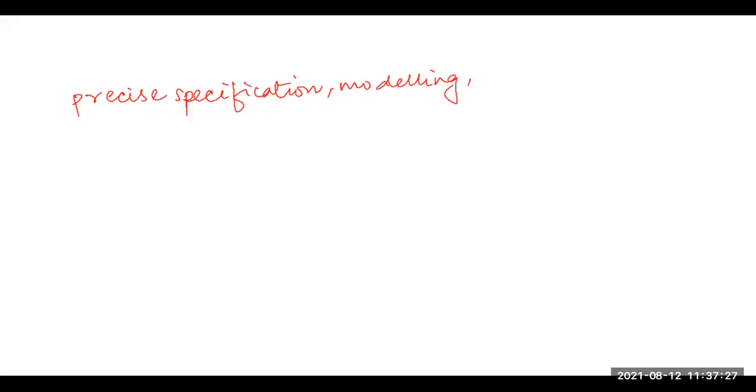So formal methods, what do they do? They provide us with tools to precisely describe a system and show that a system is correctly implemented. And when do we say that a system is correctly implemented? We say that a system is correctly implemented when it satisfies certain given specifications.